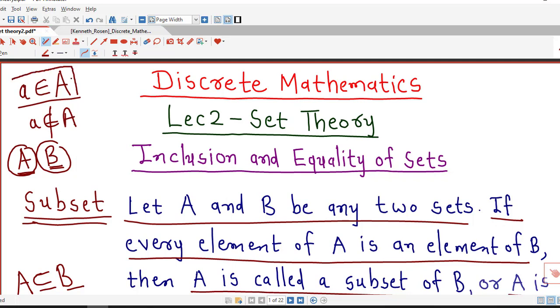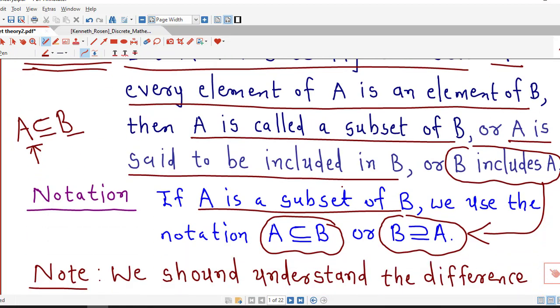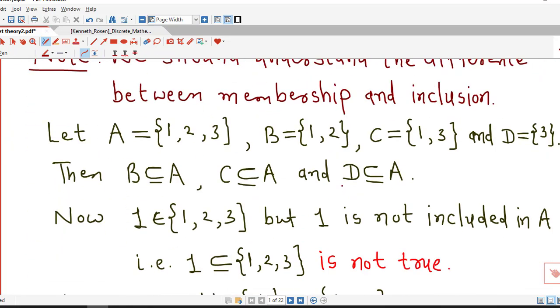This notation is for membership of a in A, and for subset we use this notation: A is a subset of B. We should understand the difference between membership and inclusion. This is the membership notation, this is the inclusion notation. We distinguish them with the help of an example.